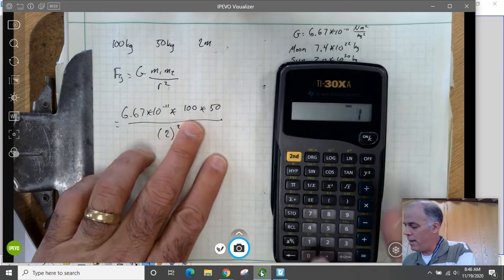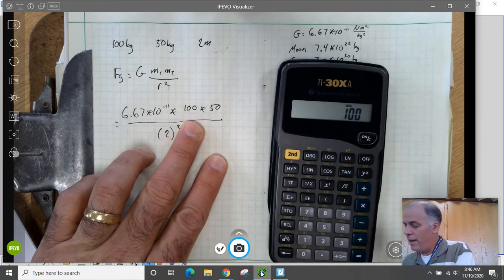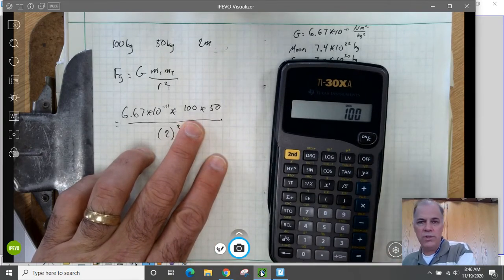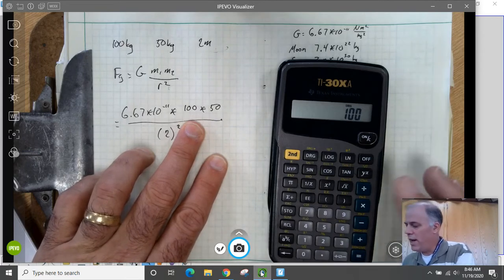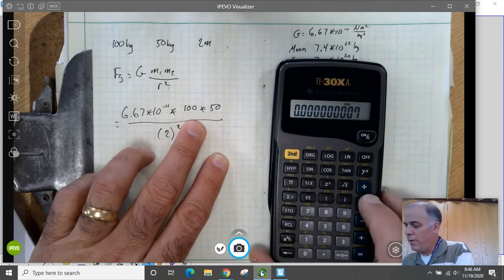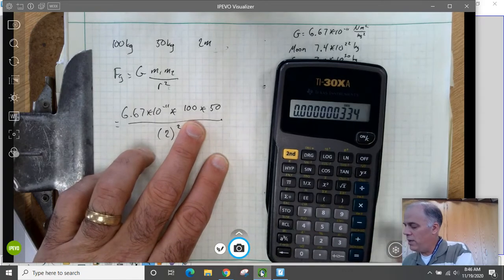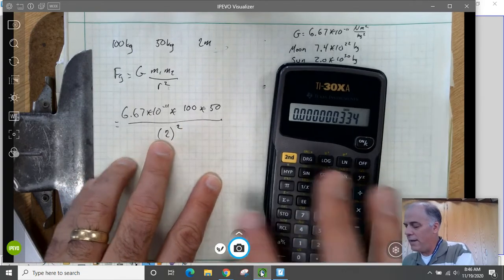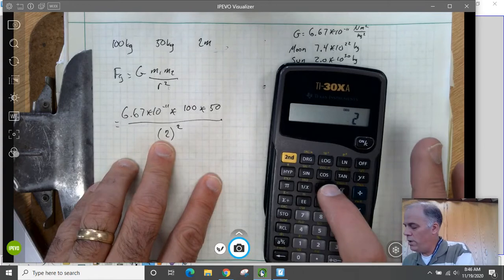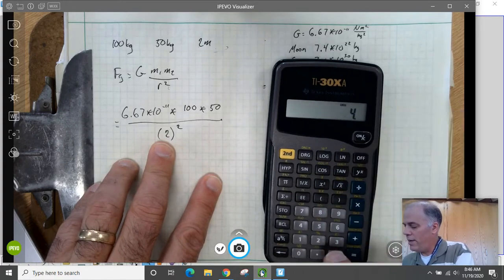We're going to multiply that by 100. And what I recommend is you hit equals after each step, so that your calculator has finished what you want it to finish each time. So I'm going to say equals. Then we're going to multiply that by 50 equals, and then we're going to divide that by 2 squared. Okay, so I hit x squared for the 2 and then equals.